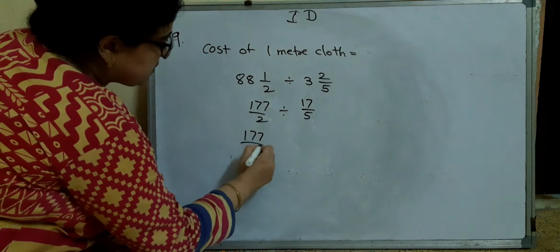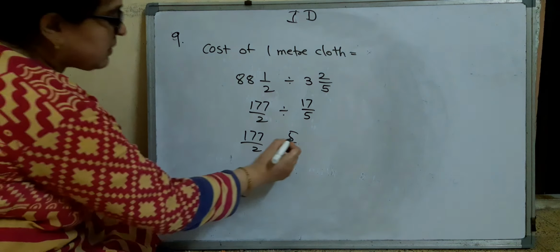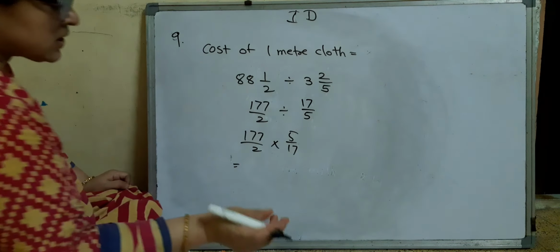Reciprocal of this is 5 upon 17. Then multiplication. There is no cutting.